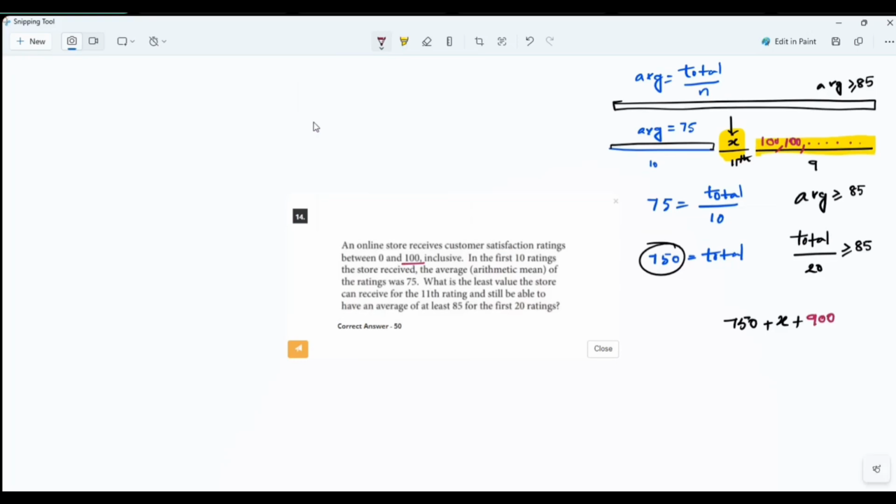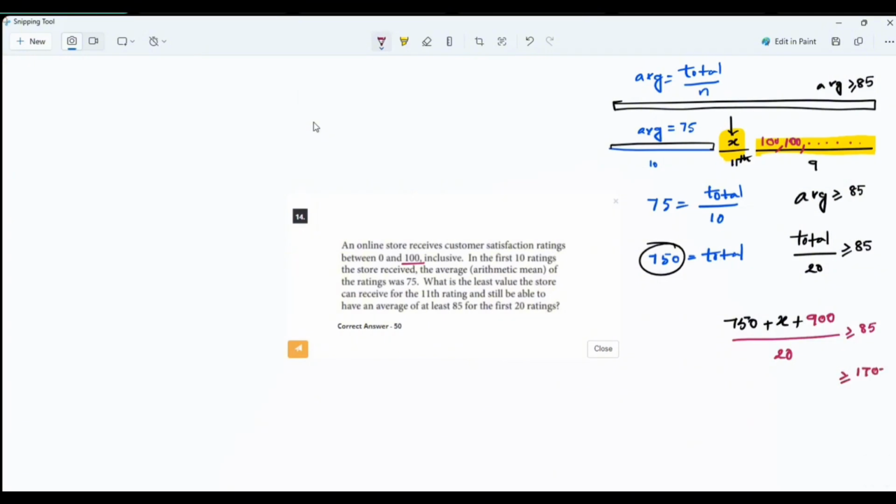We have the first 10 ratings' sum, and then the 11th one we thought is x, divided by 20 is at least 85. There you go. And then you multiply by 20 on both sides.